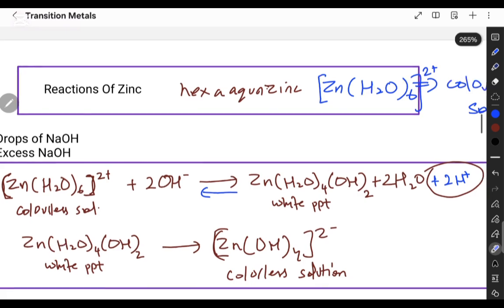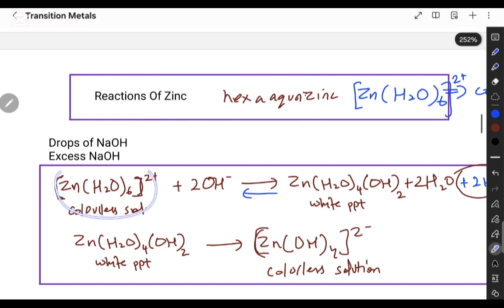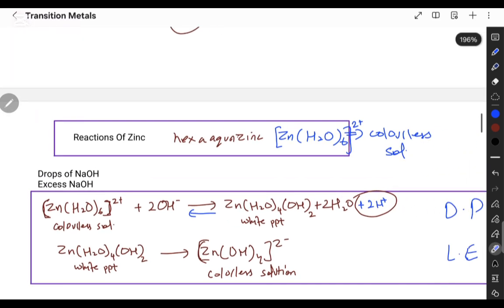Now you can actually reverse this: you can take this white precipitate and react it with 2H plus, and make it go back into the colorless solution of hexaaqua zinc. So that is possible, and that shows us the amphoteric behavior.